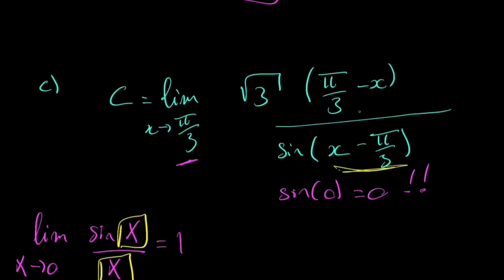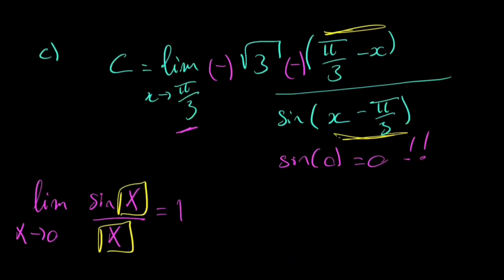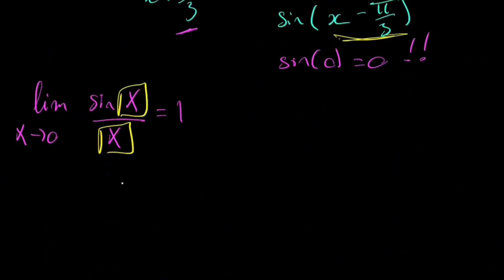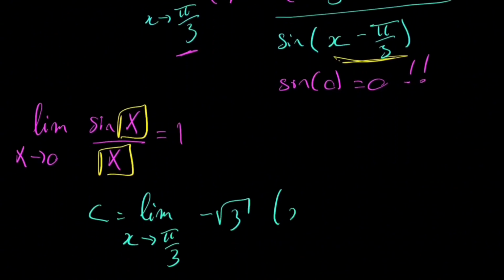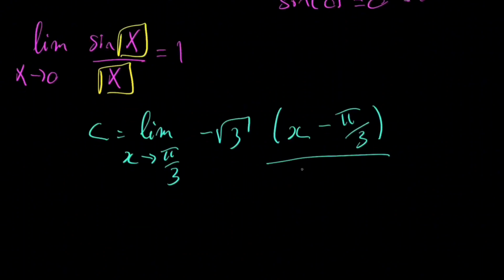We've got these two things that are very similar. So let's put a minus, that will do a plus, so we do nothing, and then c is equal to the limit when x tends to pi over 3 of minus square root of 3 times x minus pi over 3 over sinus of x minus pi over 3.